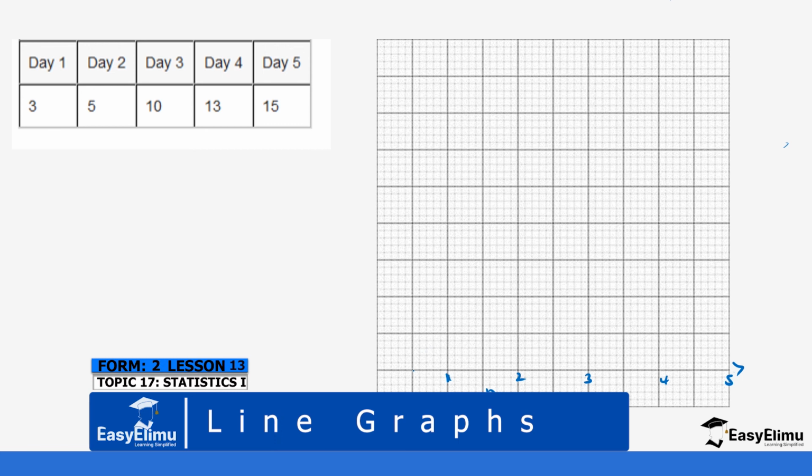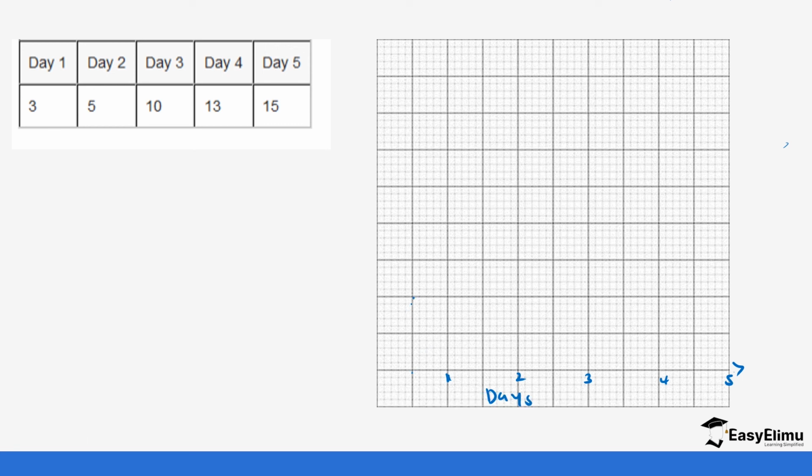We can start with every 2 centimeters representing 5: 5, 10, 15, 20, so that at least our line graph can cover most of the graph.